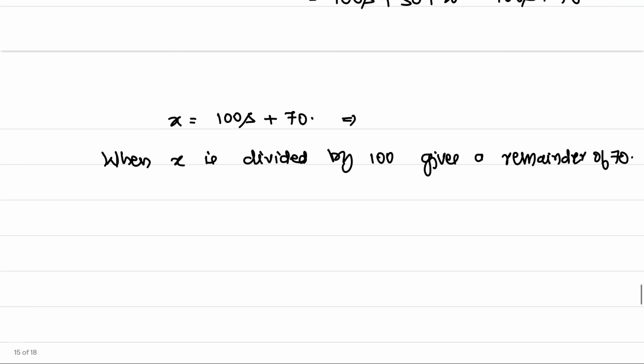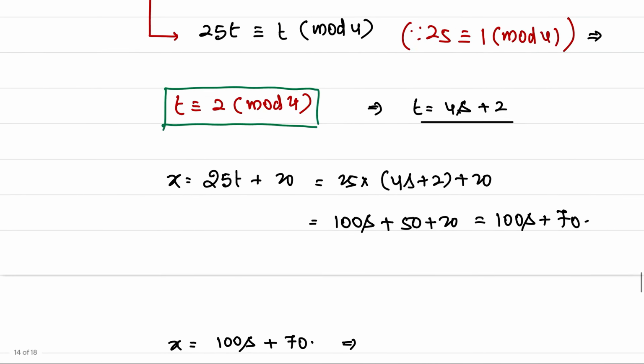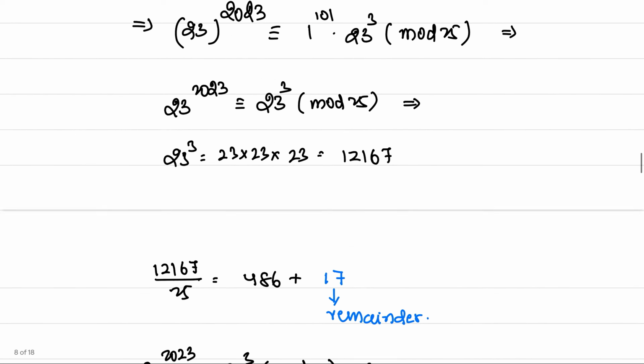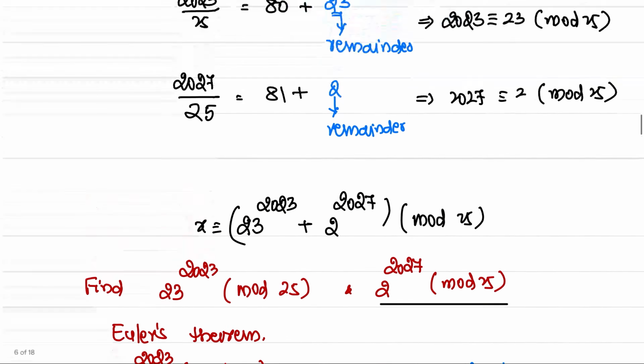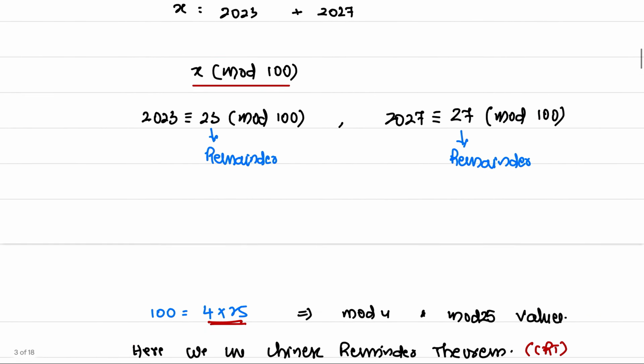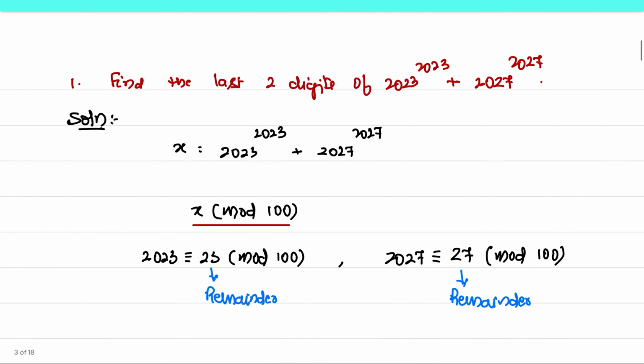Hence it can be written as x equivalent to 70 mod 100. What is the value of x? x is nothing but what we have assumed initially, 2023 to the power of 2023. This is the value of x.